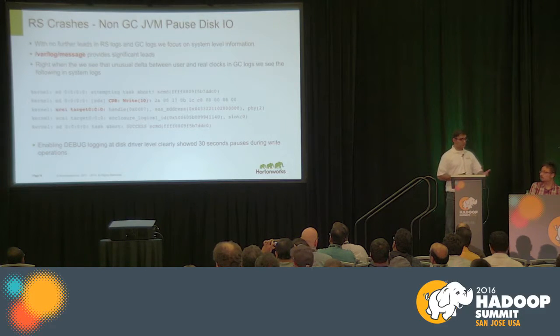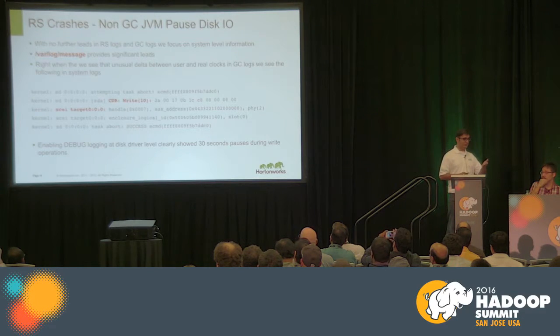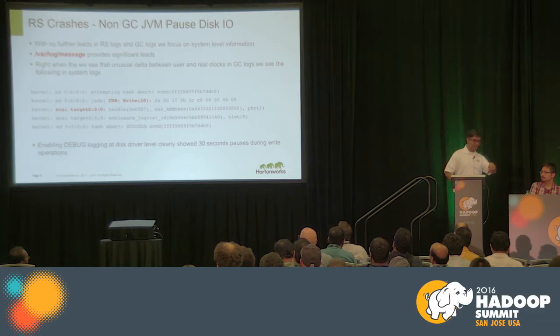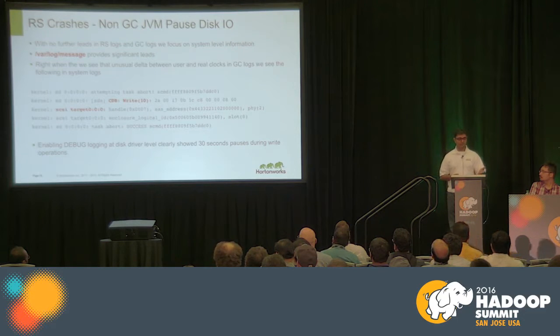And going further into var log messages, system logs, just before the region server was showing those pauses, we noticed write-level SCSI target messages in var log messages. We ended up enabling debug logs for the disk drivers. It was hinting us towards a block while writing data onto the disk.